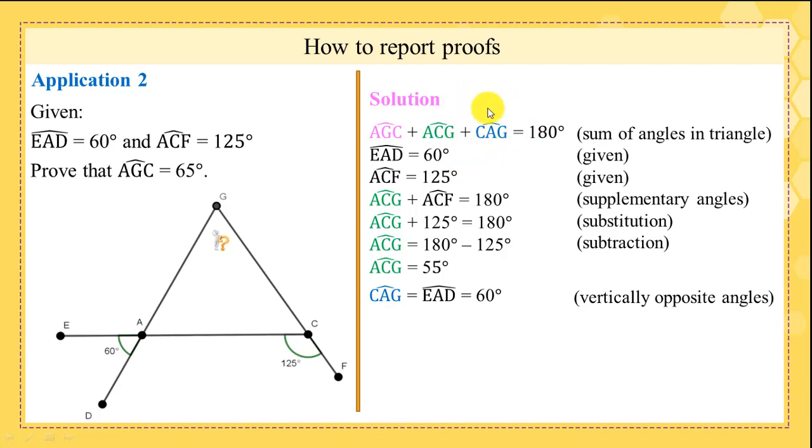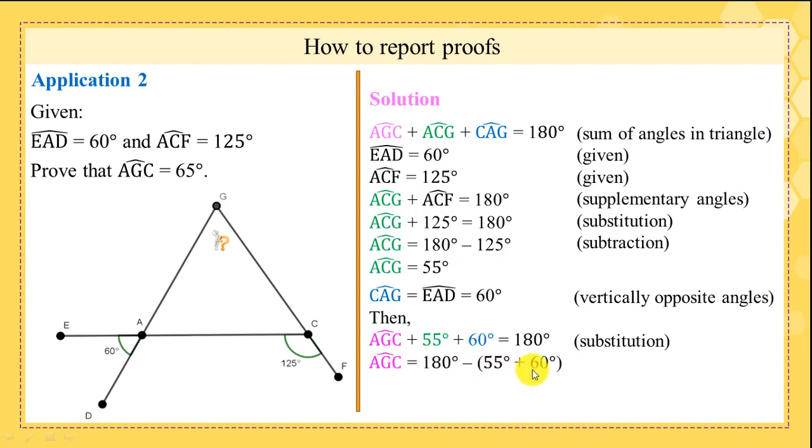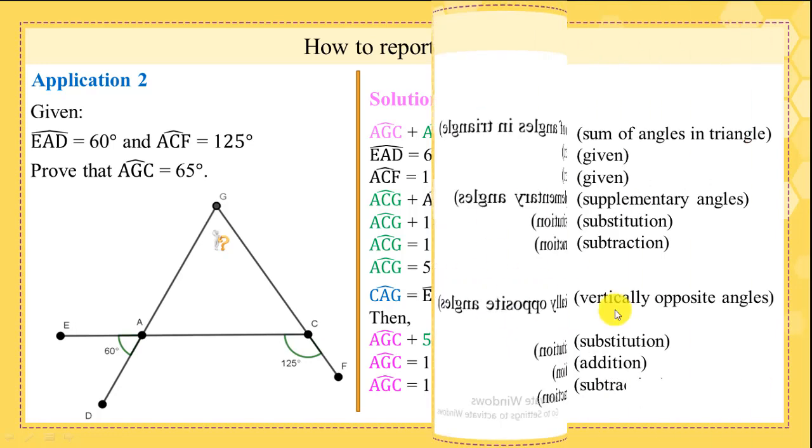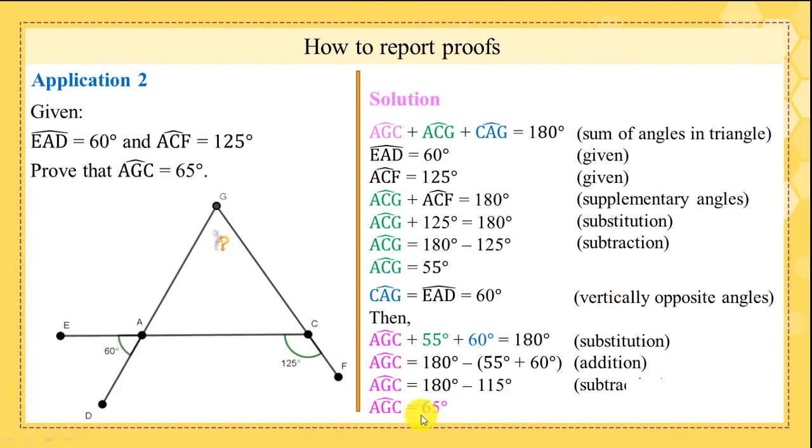We can use the first equation to find AGC. We substitute each angle by its value, 55 degrees plus 60 degrees. Then we add 55 and 60 degrees. We subtract 115 degrees from 180 degrees. Hence, we get AGC equal to 65 degrees, which is the result we need to find.